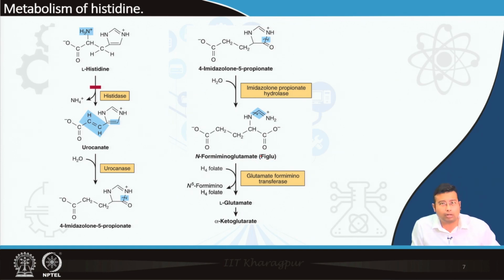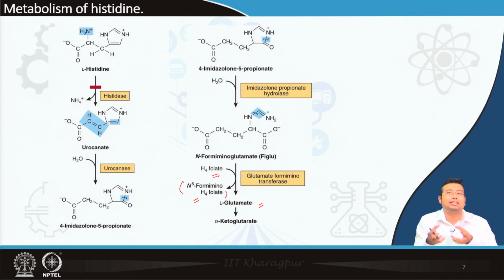This formimino-glutamate can be converted to glutamate involving 1-carbon metabolism. Tetrahydrofolate forms N5-formimino tetrahydrofolate. I told you when we were discussing 1-carbon metabolism that this belongs to the 1-carbon pool.